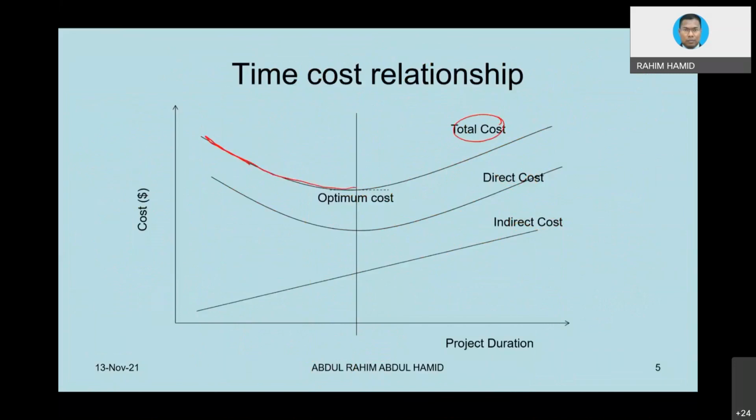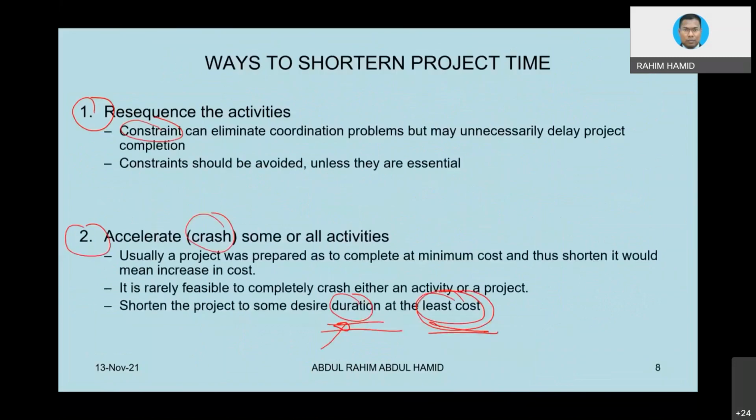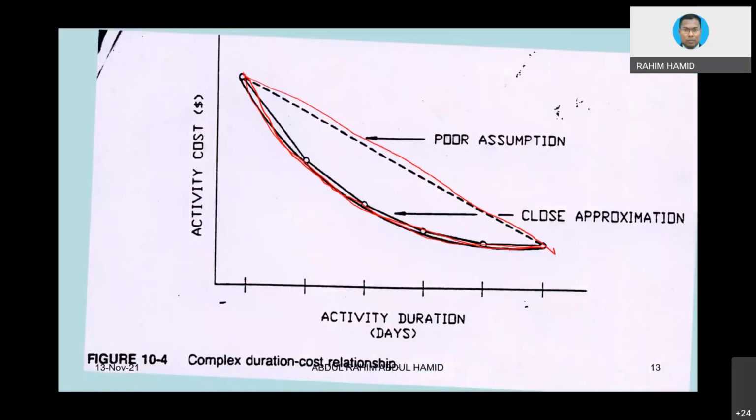This is equivalent to this kind of relationship, meaning time and cost do have a relationship in terms of the overall project cost and overall project duration. But for academic purposes, sometimes we just assume the relationship is a straight line, but in reality, it's going to have this kind of curve.